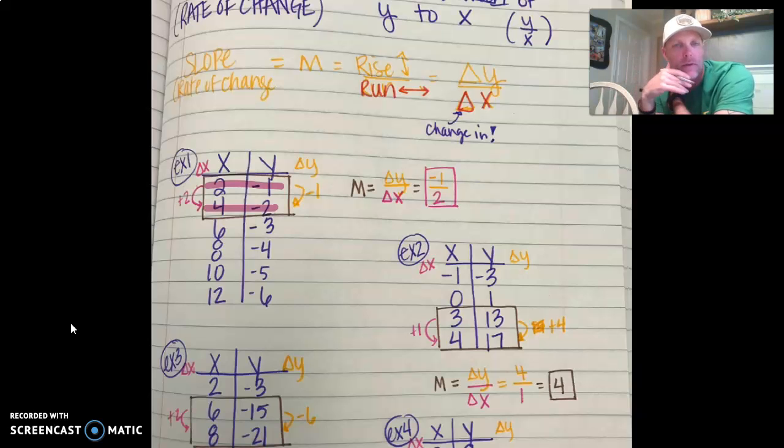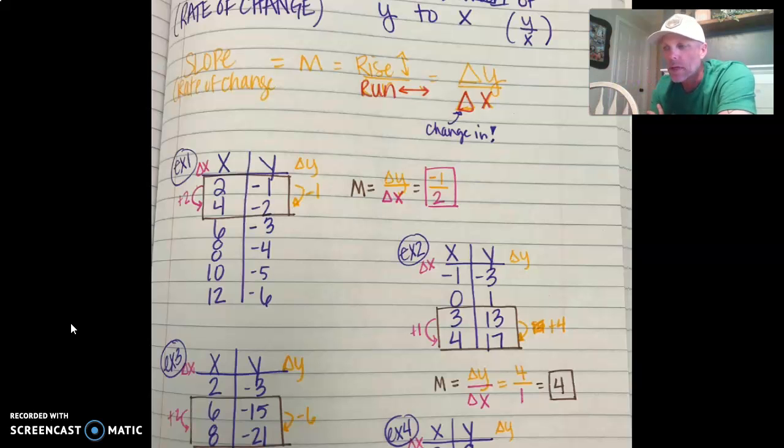The height of the triangle is the y, and the width of the triangle is the x, which we can find slope from easily, because y'all proved that last week. Okay, so instead of putting it on a graph, this is happening just at a table.